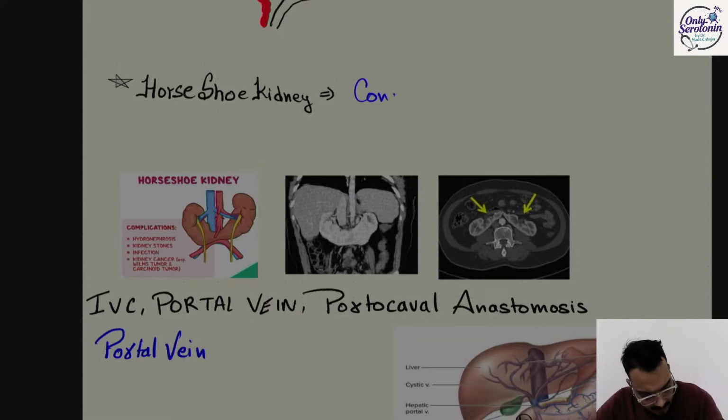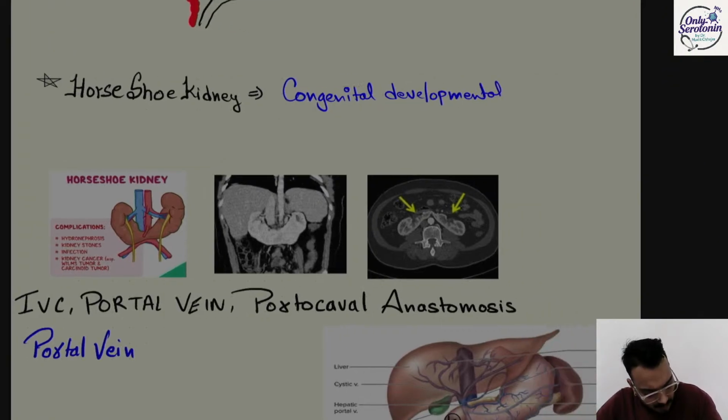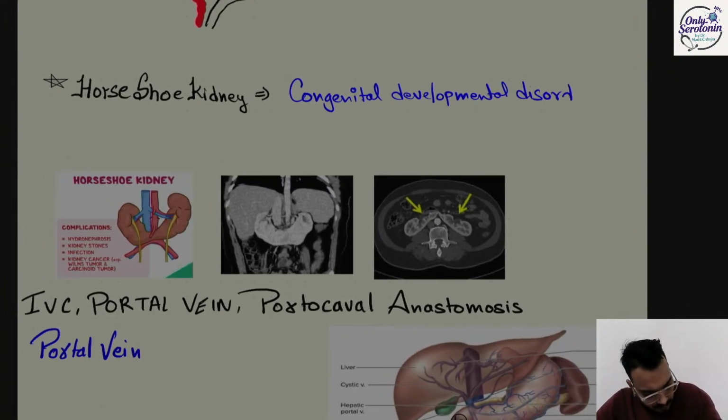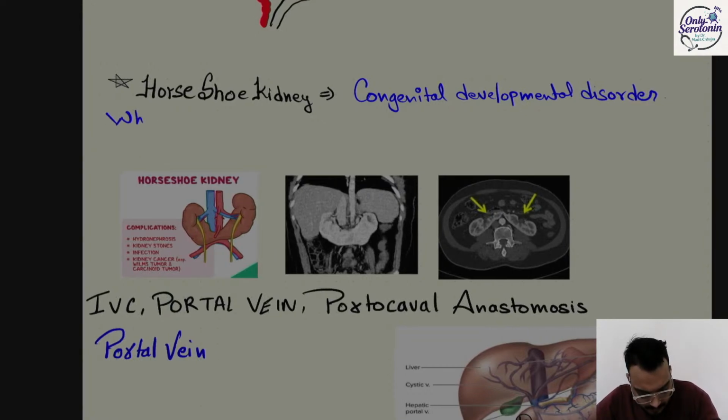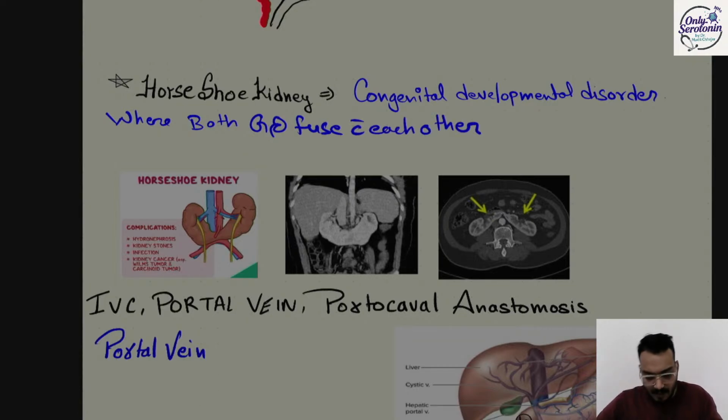It is a congenital developmental disorder where both of your kidneys are going to fuse with each other. We call it horseshoe kidney, right?